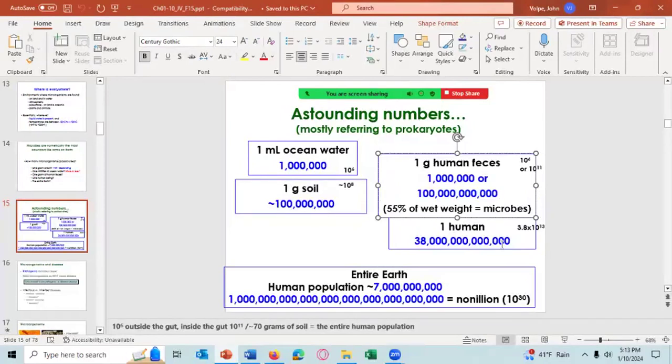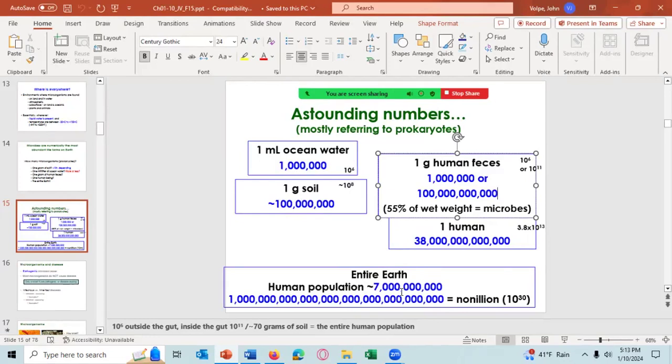On one human, we have about 3.8 times 10 to the 13th cells on us, microbes in and on us. On the entire Earth, the human population is close to 8 billion now, a little less than 8 billion. I could be out of date, but I think it's a little bit less than 8 billion.